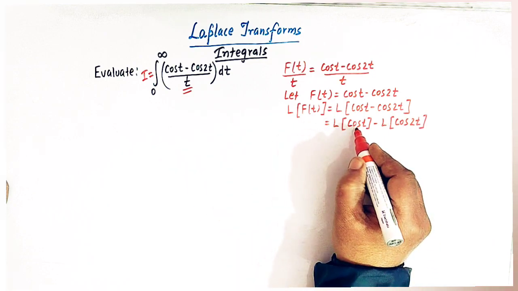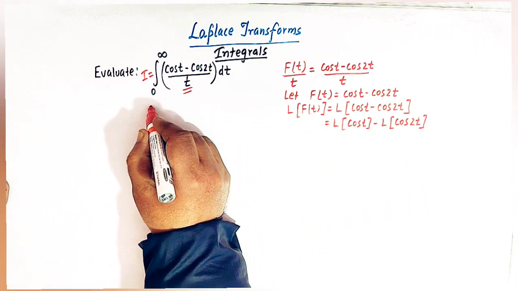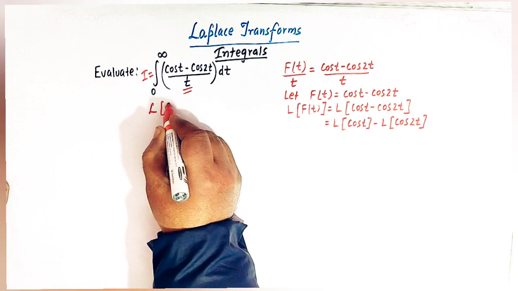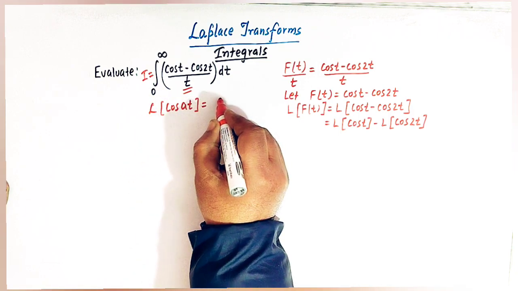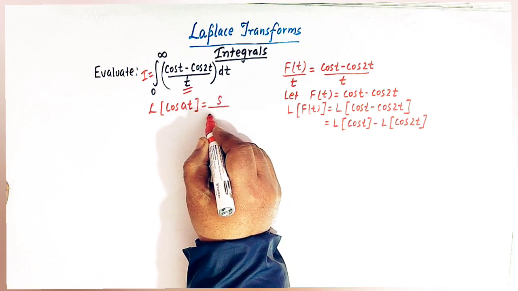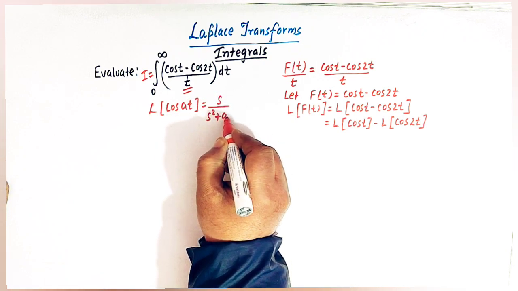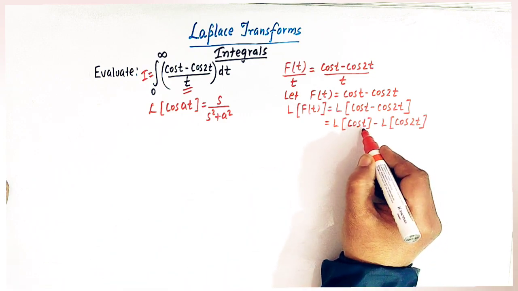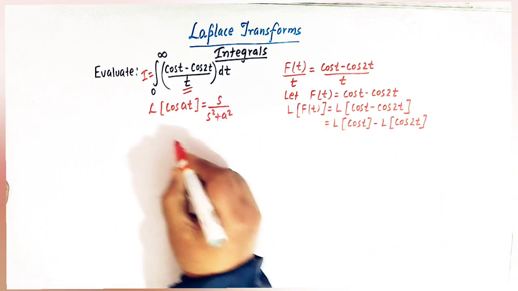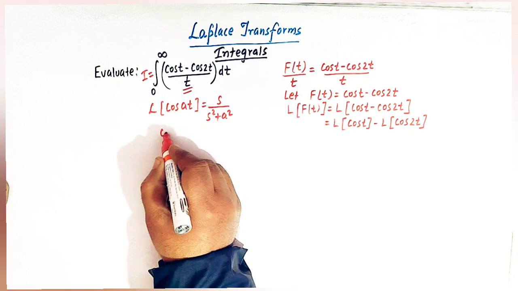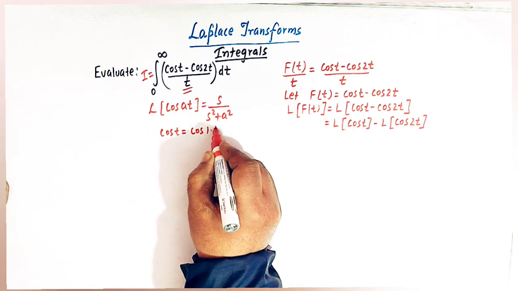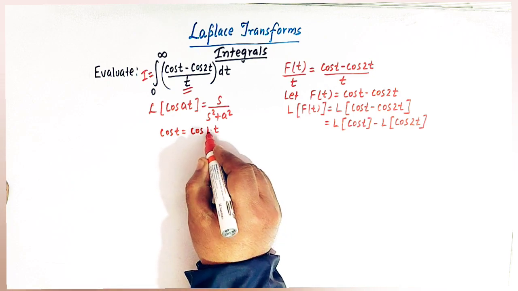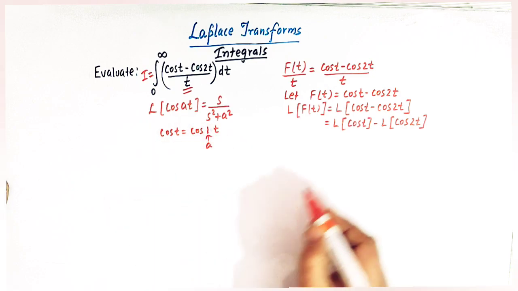So now let us apply the result, that the Laplace transform of cos at is given by s divided by s square plus a square, right? So in the first case we have cos t, so cos t can be written as cos of 1 times t, so the value of a is equal to 1, right?